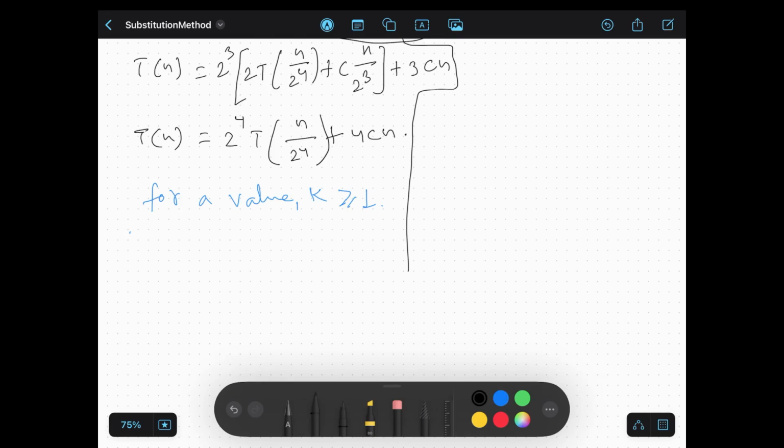We can say T(n) would be 2 to the power k T(n upon 2 to the power k) plus k cn, right? This is variable, this is variable, and this is variable.